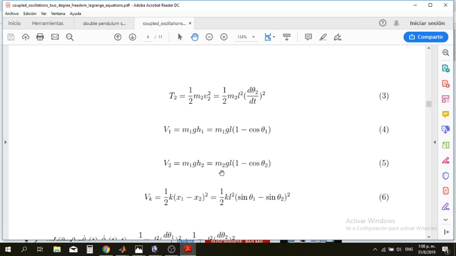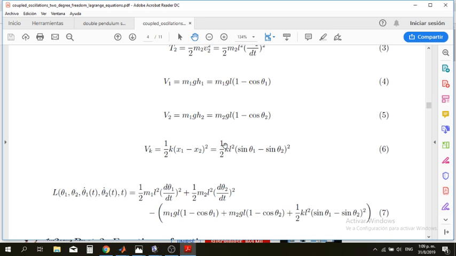With a similar approach, the potential energy of the second pendulum will be M2 times g times L times 1 minus cosine of theta 2. The potential energy stored in the spring will be one half times k times x1 minus x2, squared.